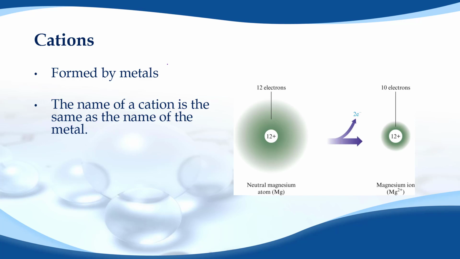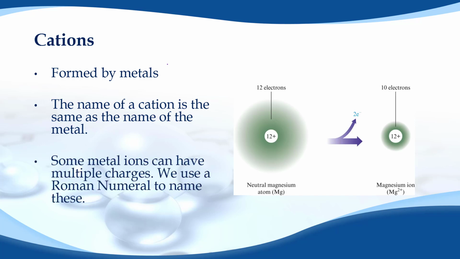Now, some metal ions, especially the ones in the center of the table, can have more than one stable charge. If that happens, we put a Roman numeral as part of the name to indicate what the charge is. So for example, iron can have two stable charges, +2 or +3. The +2 form we call iron 2, Fe2+, and the iron with a +3 charge we call iron 3, Fe3+.